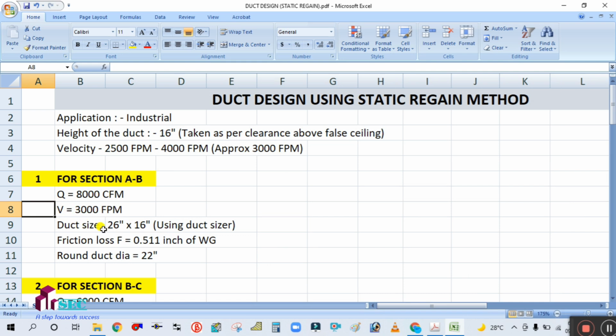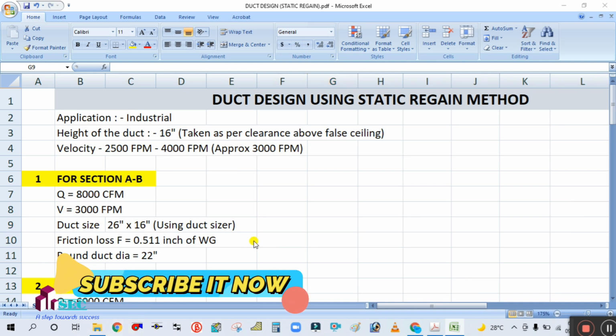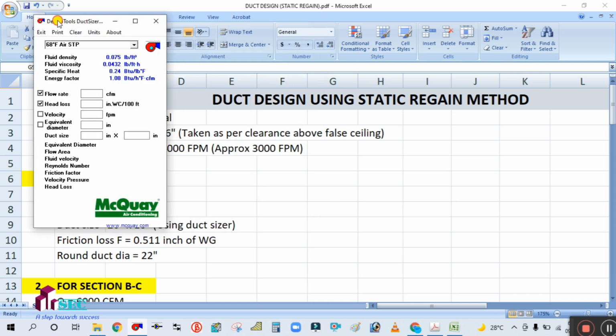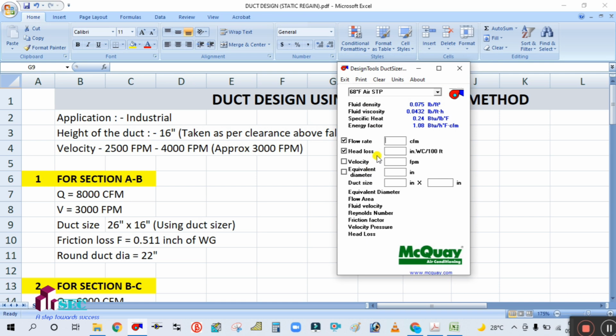So how do you get the duct size? Using a duct sizer. Let me open this duct sizer. This is the duct sizer tool from the MEP duct sizer program. You have to enter the flow rate here, which is the CFM, 8000, and simply click these two first: flow rate and velocity.